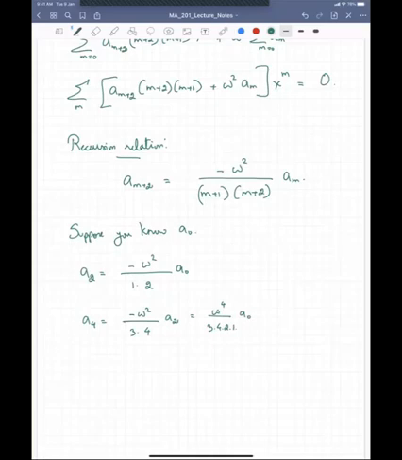Okay, so similarly, you can guess that a6 would be minus omega to the 6th over 6 factorial a0, and so on and so forth. Okay, so if I knew a0, I can figure out all the even coefficients by appealing to this recursion relation.